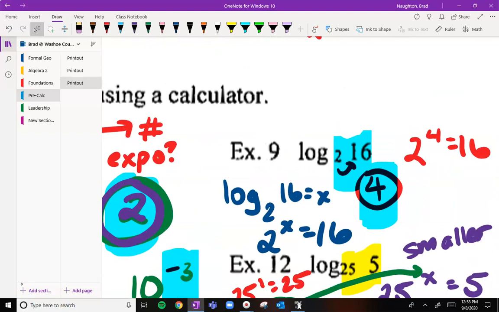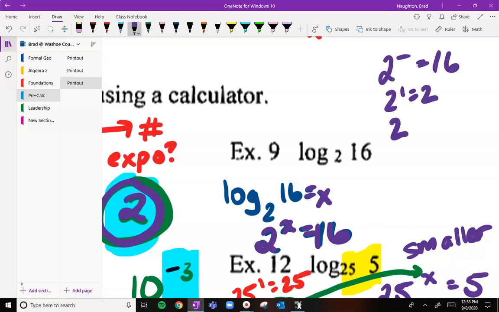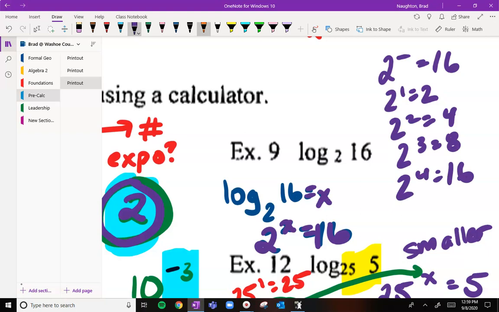On this next one, we said, hey, if I erase this, I could say that's equal to x, convert it to exponent form, and then basically do the same thing that we just got done doing. Saying 2 to the what power is 16. So 2 to the 1 is 2, 2 squared is 4, 2 to the third is 8, 2 to the fourth is 16. And again, that's why our answer was 4.